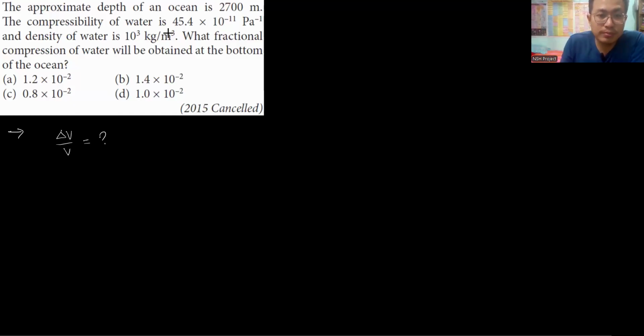The compressibility of water, 1 by B, is equal to 45.4 into 10 to the power minus 11 Pascal inverse. And the density of water rho is equal to 10 to the power 3 kilogram per meter cube.